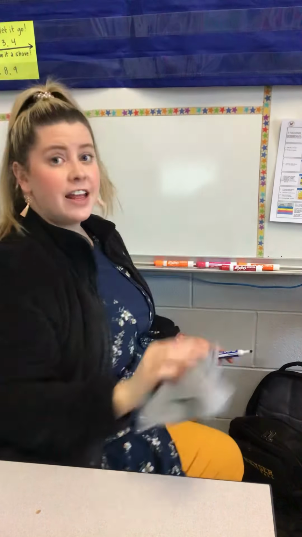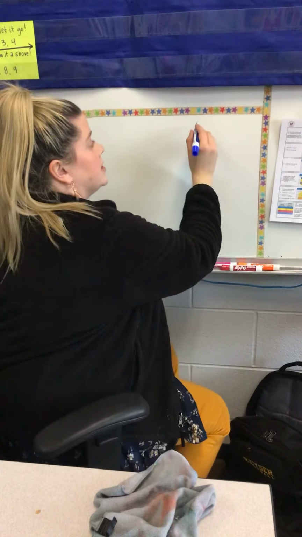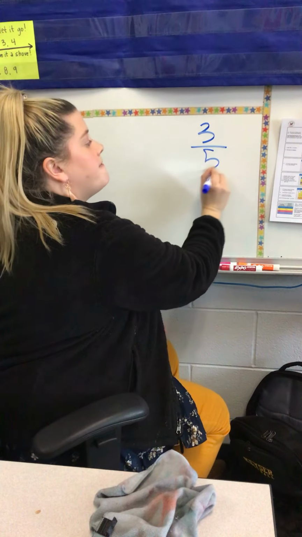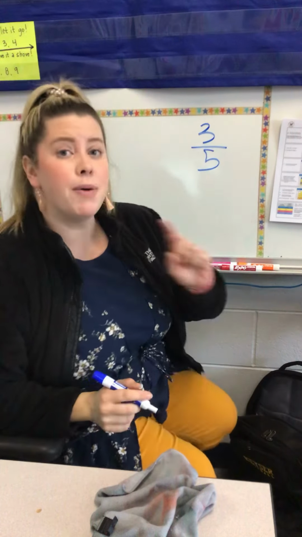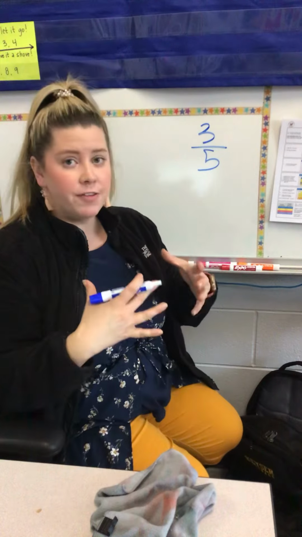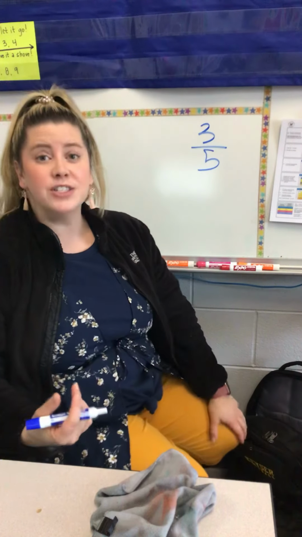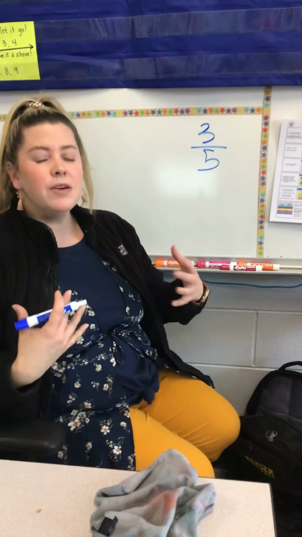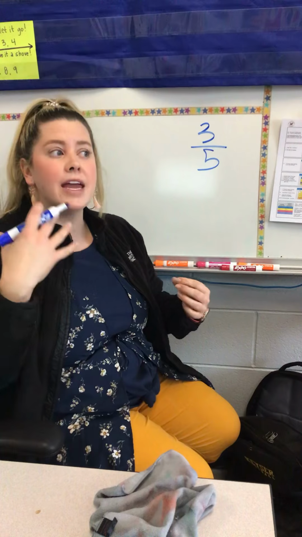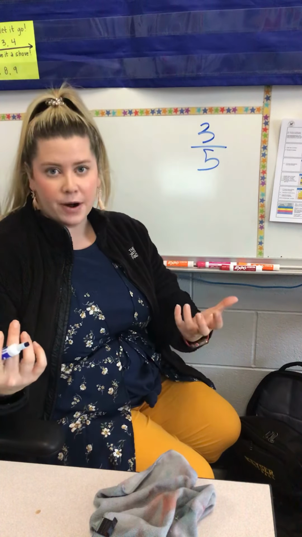The first fraction that I'd like for you to build is 3/5. Okay, you can pause the video, draw your fraction, represent it, and build it, and then hit play to come back to check. Okay, so 3/5. So when we go over the answer, I'm going to kind of show you it as a whole and as part of a set.